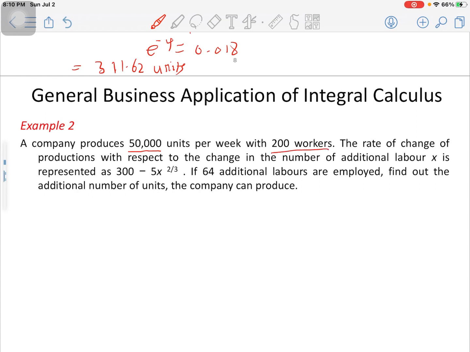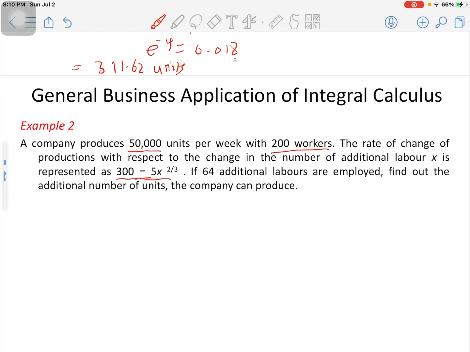So the rate of change of production with respect to the change in the number of additional labor x is represented as 300 minus 5x power 2 over 3. If 64 additional laborers are employed, we should find out the additional number of units the company can produce.